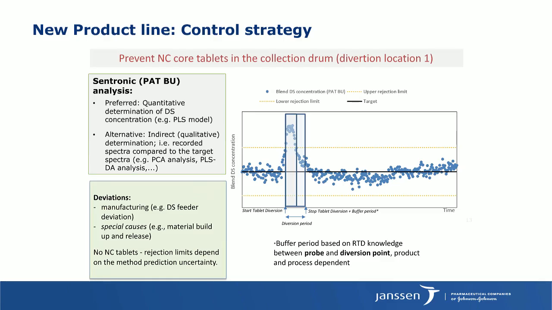From the moment that it drops below the limit, we don't stop diverting, because there is still some time between the PAT measurement and the outlet of the tablet press itself, which, based on RTD knowledge, we are going to define. So we take a certain buffer period, as you can see in the graph, in order to keep rejecting the core tablets.